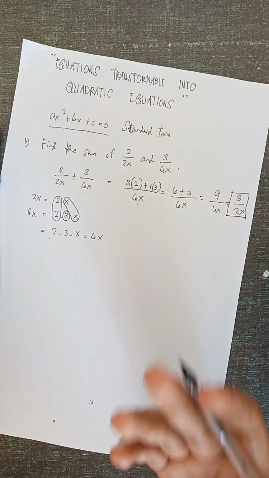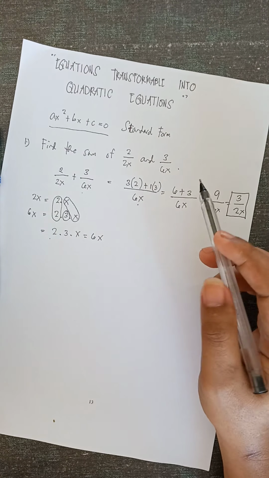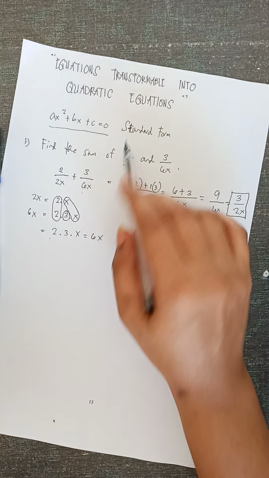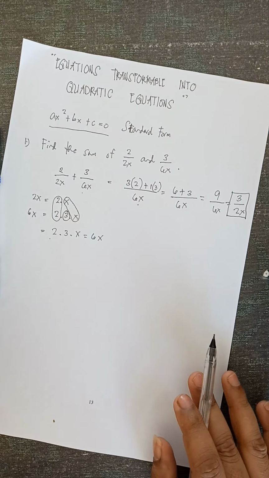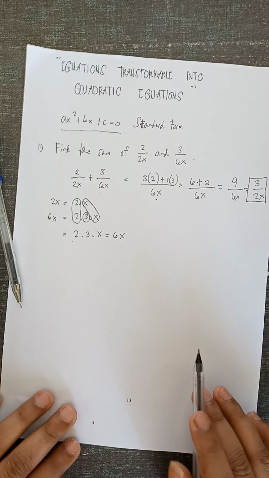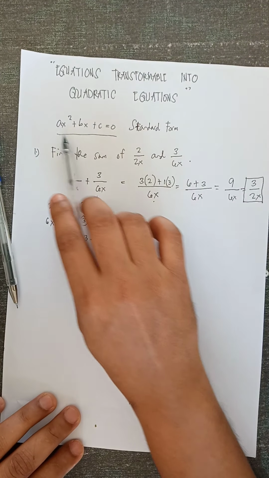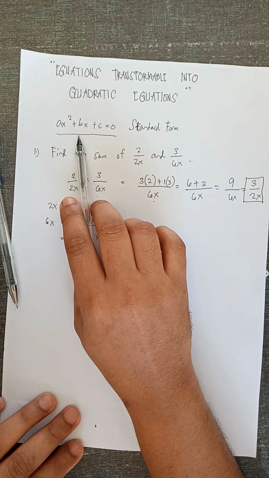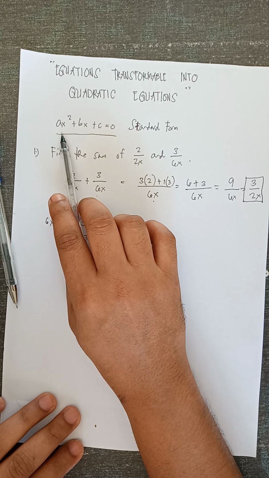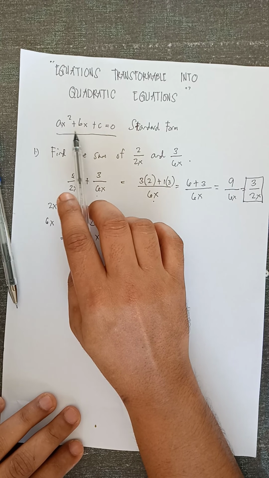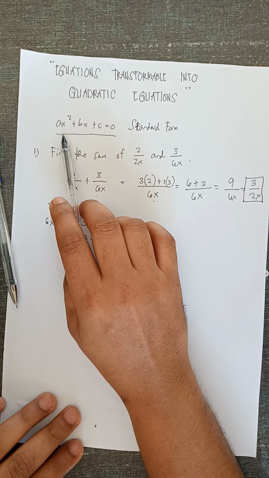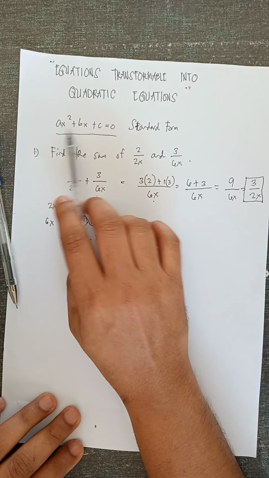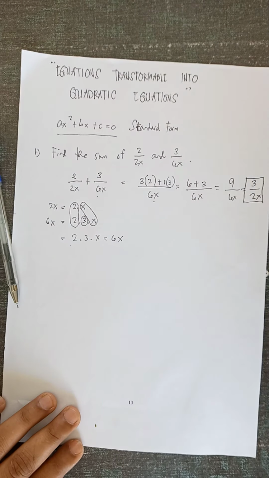We can use this to transform a quadratic equation to its standard form. So let us now proceed. We all know that the standard form is this one, where x is the variable and a, b, and c are constants.